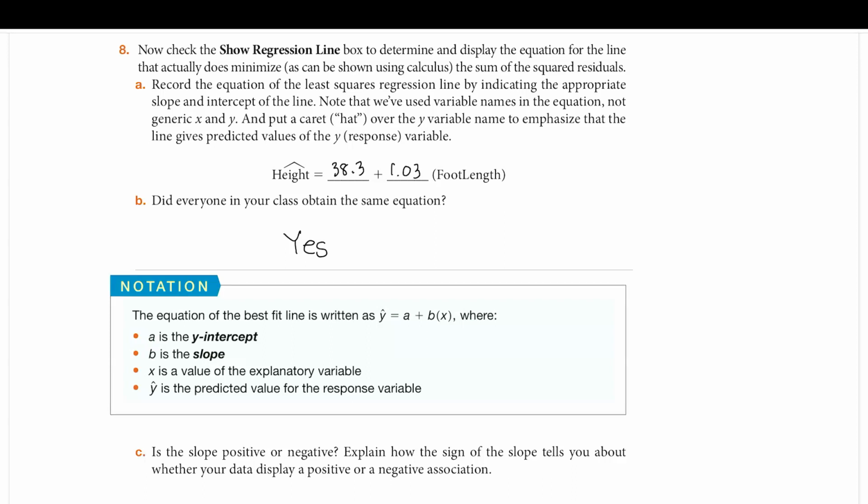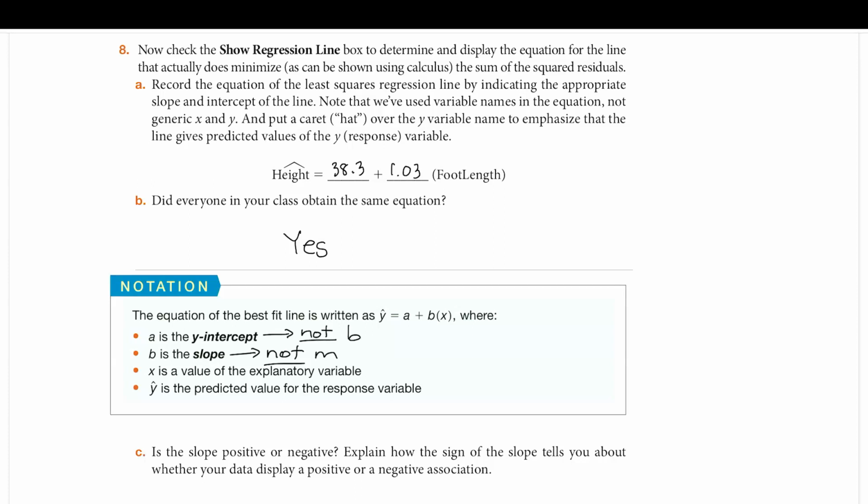Now, what you're used to from algebra class is a line being called y equals mx plus b. The thing that you have to be careful of in statistics is, first of all, the y has a hat on it. Second of all, the line equation is written in the opposite order. In other words, the constant or vertical intercept comes first, followed by the slope times the explanatory variable. And the slope is b, not m.